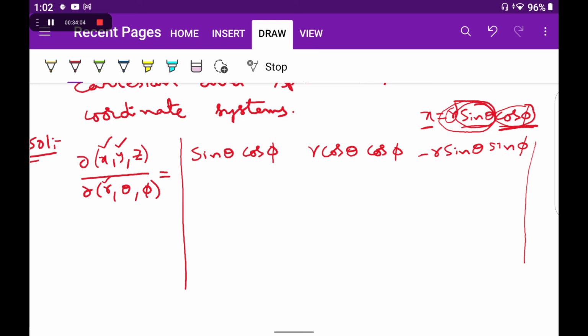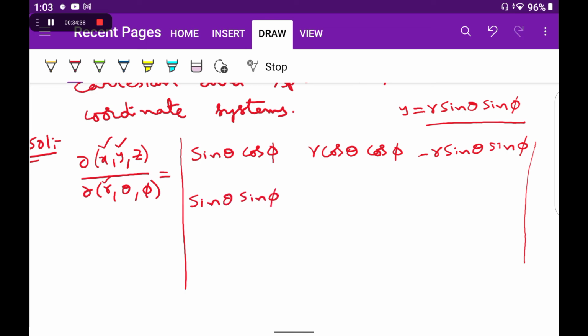Similarly, derivative of y with respect to r. What is y? y is r sin theta sin phi. So derivative of r sin theta sin phi with respect to r: we keep sin theta and sin phi constant, so sin theta into sin phi. Derivative of r with respect to r is 1.